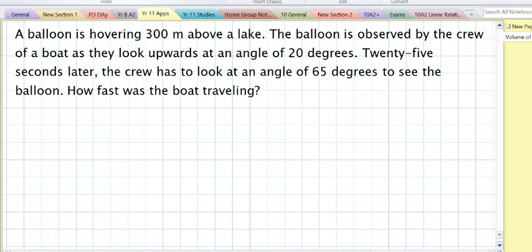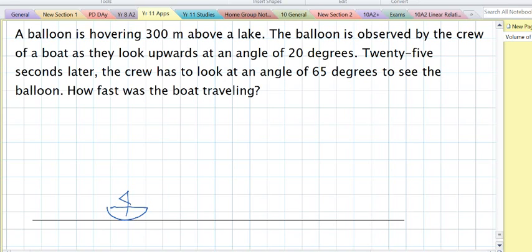Alright, so let's start off by drawing the sea. Let's make the sea this, or the lake, wherever the boat is sitting. If you want, you could draw it wavy, but in reality, for architect's purposes, it's flat. And then we have our little boat. It's a very buoyant boat.